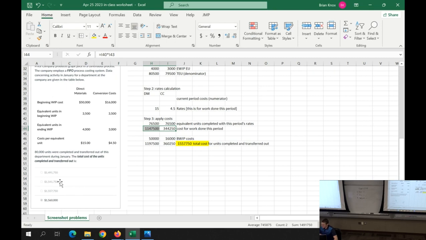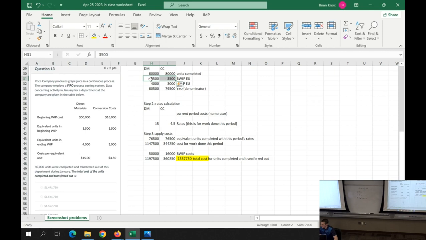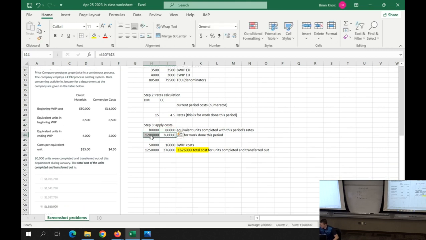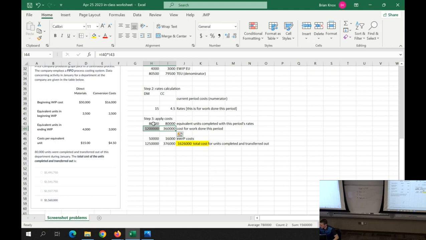I believe these other two probably involve forgetting to subtract away the beginning WIP equivalent units. I think that's what they involve. Double check that. That one right there is if we just multiply by 80,000, which under weighted average is what you would do. You would take the rate, multiply by units completed, and you're done. That's the cost of units completed and transferred out.